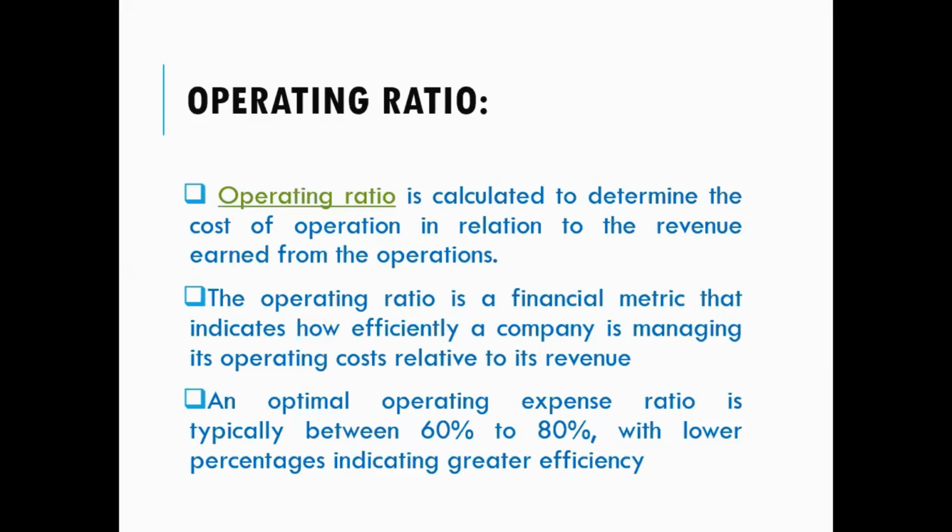An optimal operating expenses ratio is typically between 60 to 80%, with a lower percentage indicating greater efficiency.